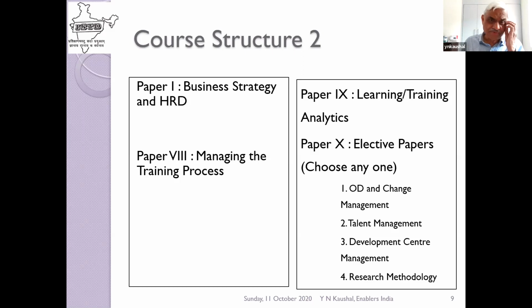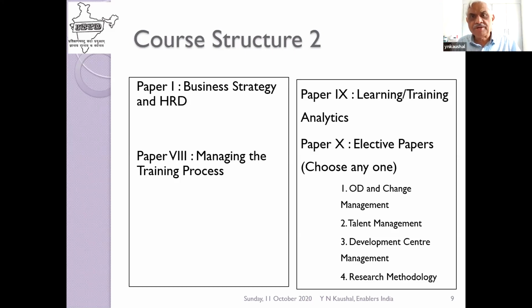You also have to see that a training center has to be managed, infrastructure has to be created. How do you create the infrastructure? What amount of infrastructure you have for what type of task that you have in front of you? Those are the issues which get addressed in paper 8, which is managing the training process.